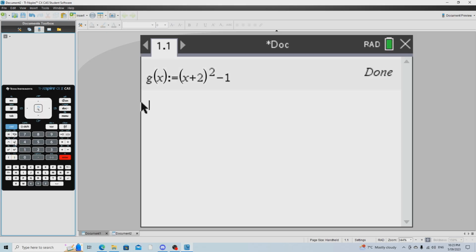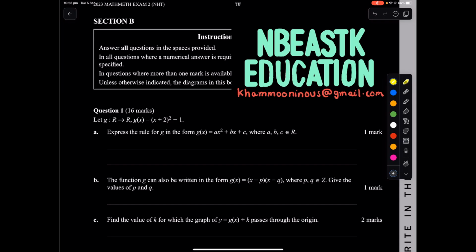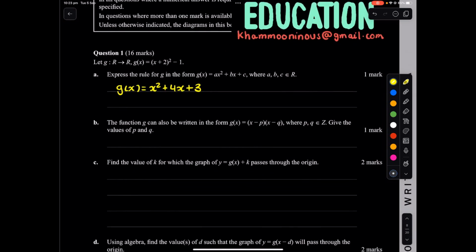Okay? And I want to expand G of X. That's your answer. So G of X is equal to x squared plus 4x plus 3. Nice. Next one.